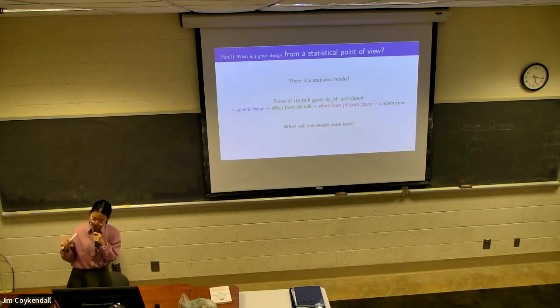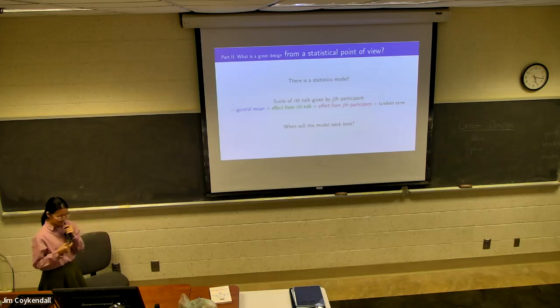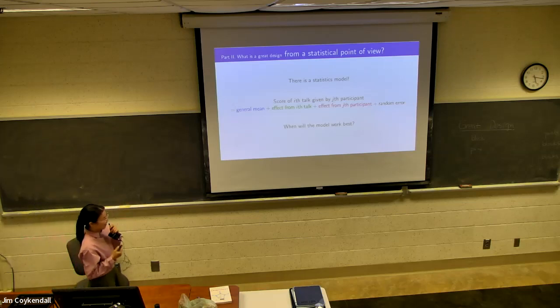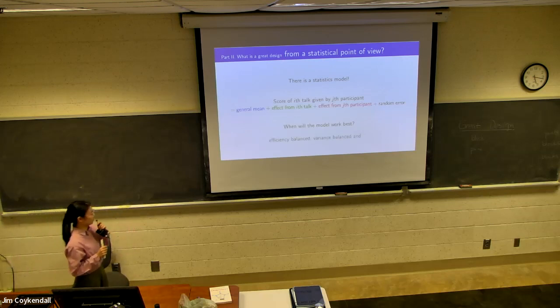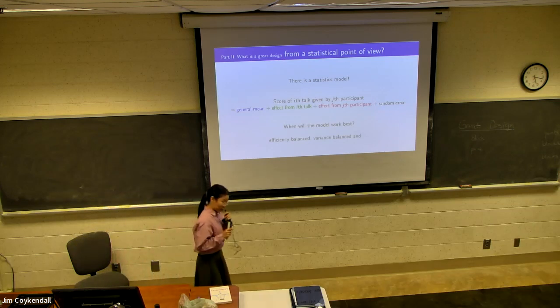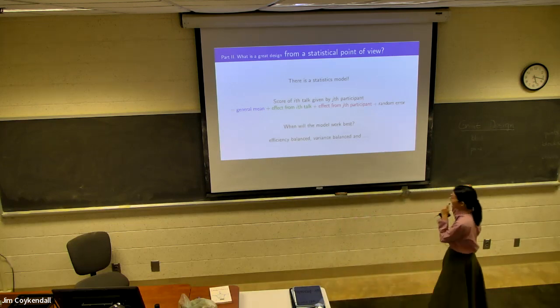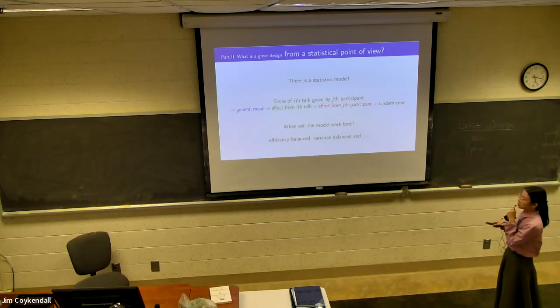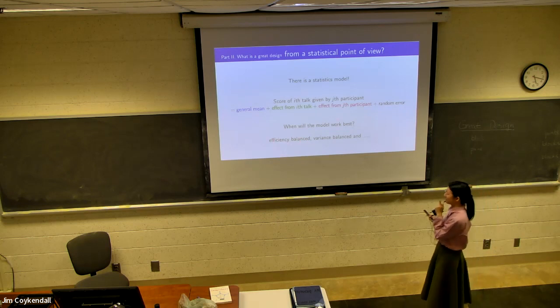Well, this is a statistical model. When will the model work best? I think they use it all the time in all scenarios, but sometimes we know that it will get a better estimation. If you ask some statistician, they will tell you, if you can choose which participant attends which talk, we will wish to check whether the design that they come up with has efficient patterns, variance patterns.